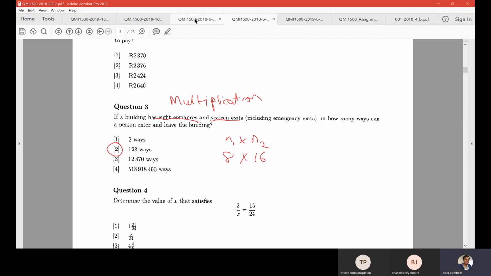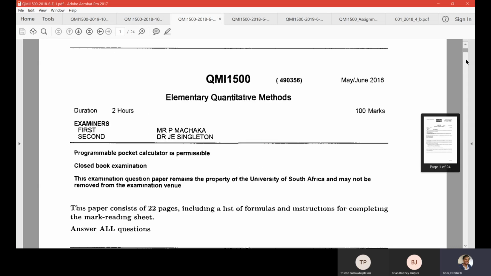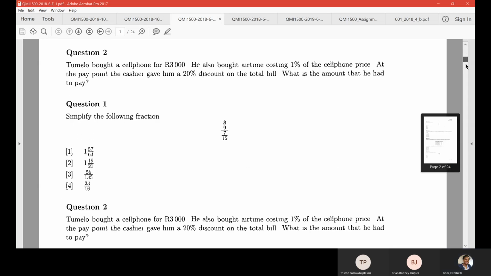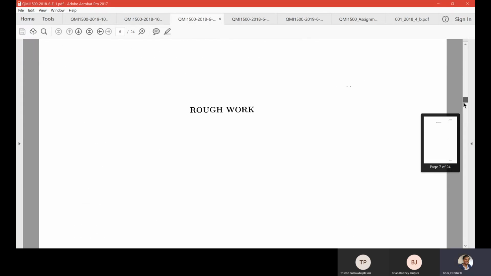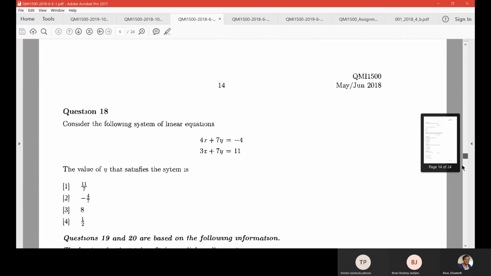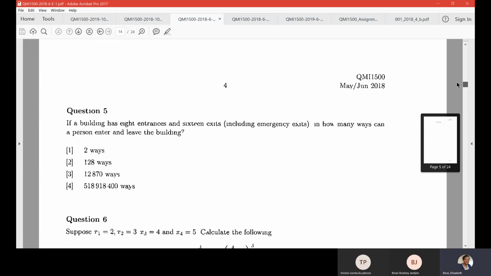Okay. Also in this exam paper, there was only one question. So if we look for another one, okay, that is financial math.